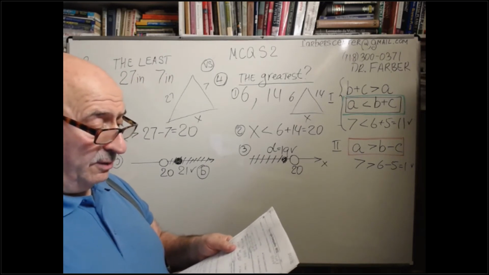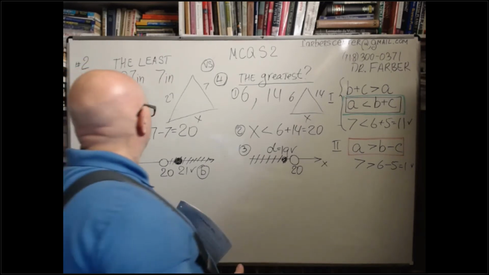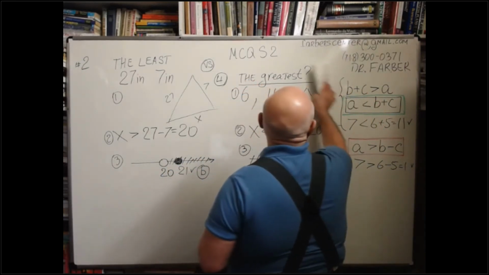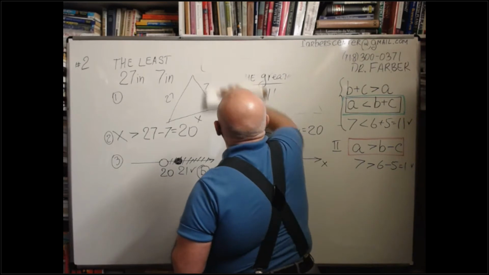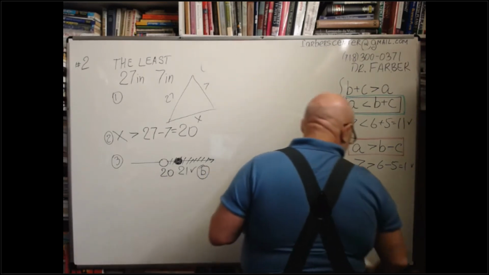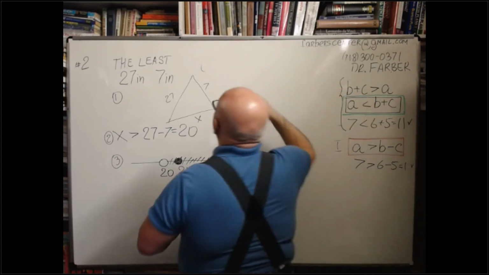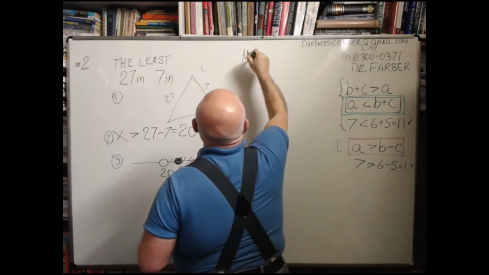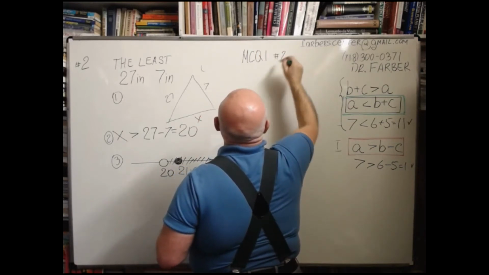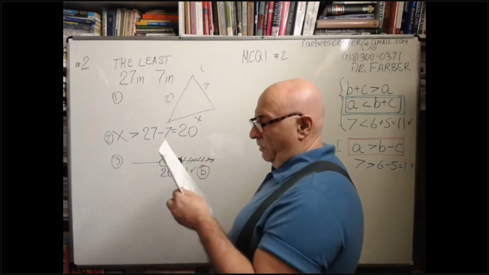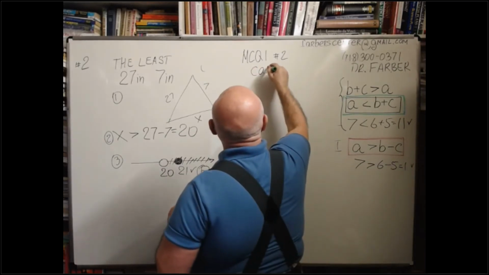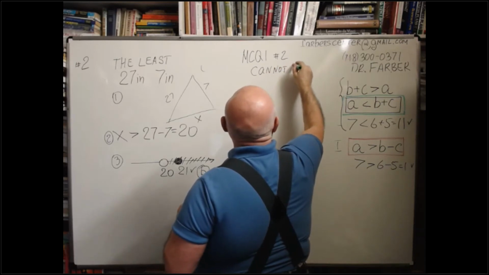Read this. Which of the following cannot be the measure of the third side of the triangle if the other two sides measure 23 feet and 8 feet? Always write this word, cannot be.